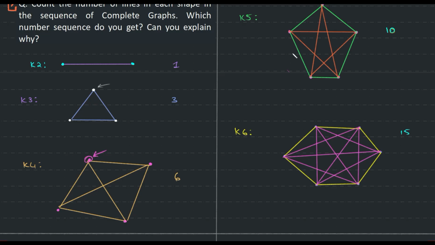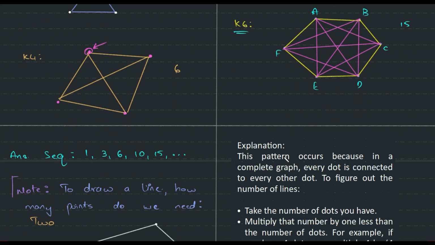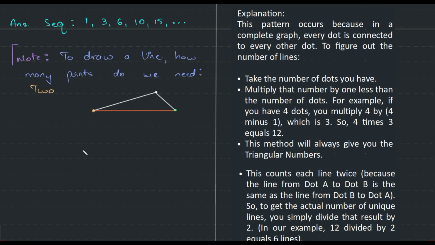Here I have 5 dots in total, but every dot, say point A, has to be connected to B, C, D, and E. In this figure we have A, B, C, D, E, F. From A we have 1, 2, 3, 4, 5. From F we have A, B, C, D, E. So in K6, every dot is connected to 5 other dots. So for every dot, there are 5 different lines being connected. Agree?